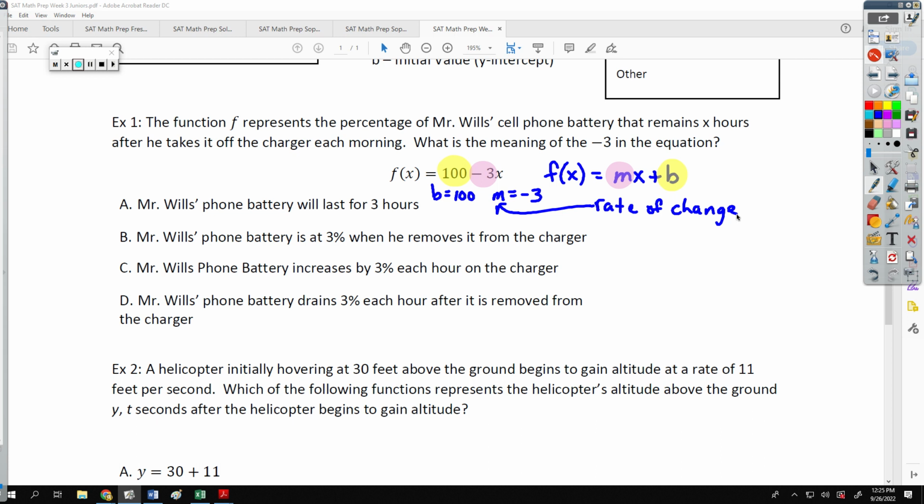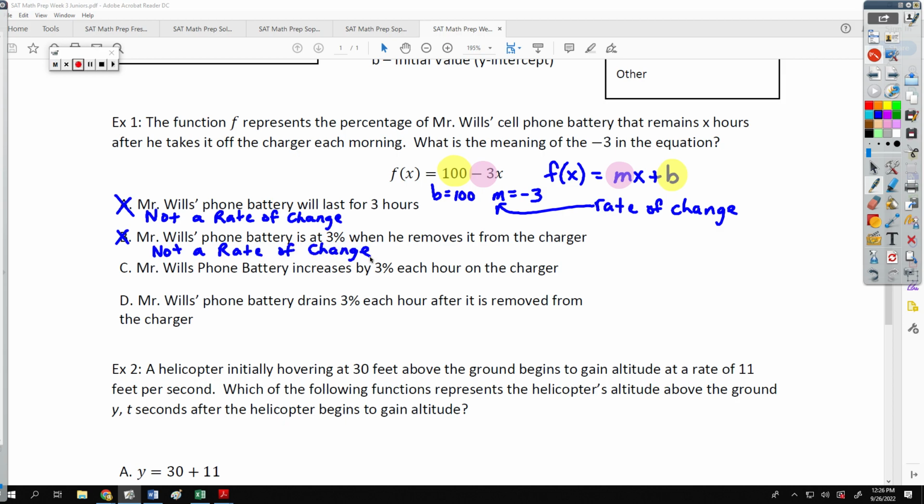So when we're looking at this, we should be seeing a change in the amount of battery power remaining, which means A is not the correct answer because it is not a rate. Same with B. B is also not a rate of change. So right away, we should be able to eliminate those two answers.